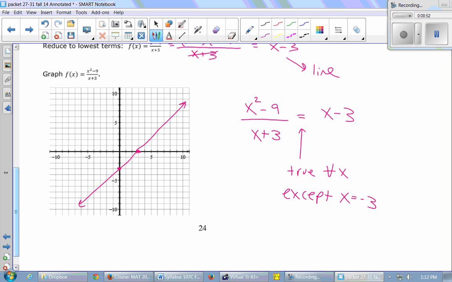It's just that with this one, I can't put -3 in. So the point -3, -6 on my graph, right here, actually doesn't exist. So I have to put a hole at that spot. That point does not exist on x squared minus 9 over x plus 3.